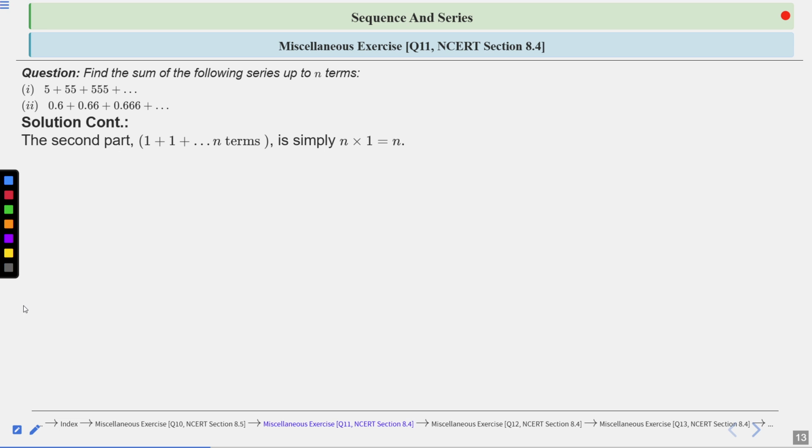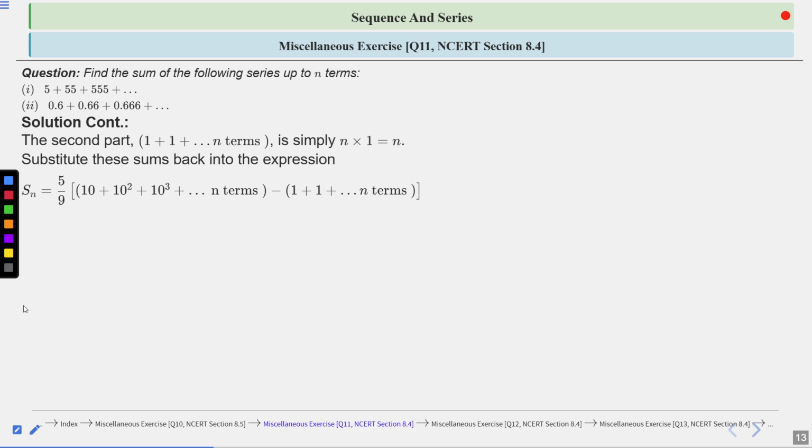The second part, 1 plus 1 up to n terms, is simply n into 1, which is equal to n, right? Substitute these sums back into the expression. Therefore, Sn will be equal to 5 upon 9 into (10 into 10 to the power n minus 1 upon 9, minus n), right?